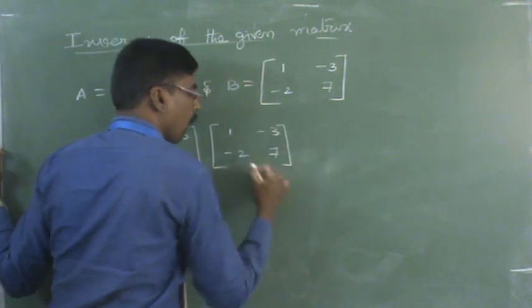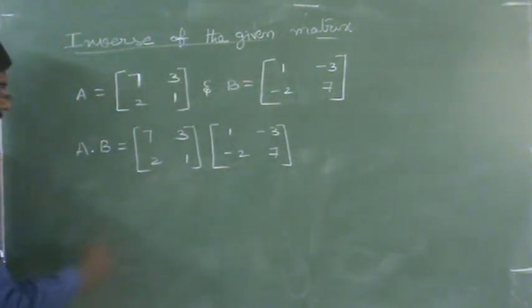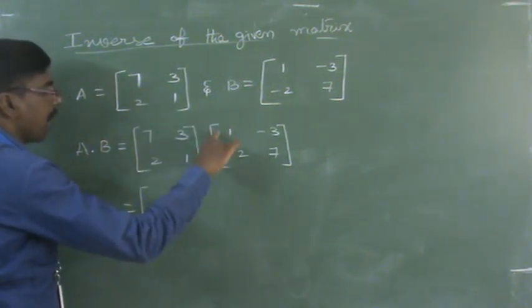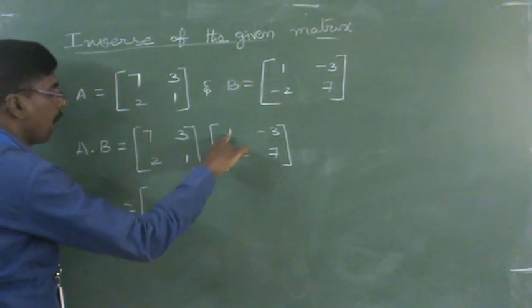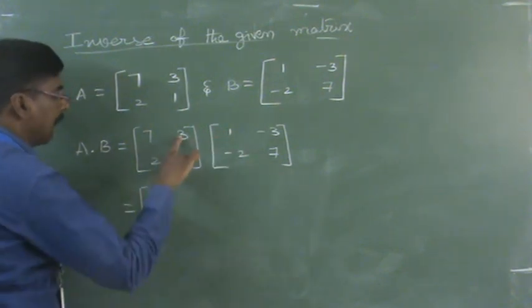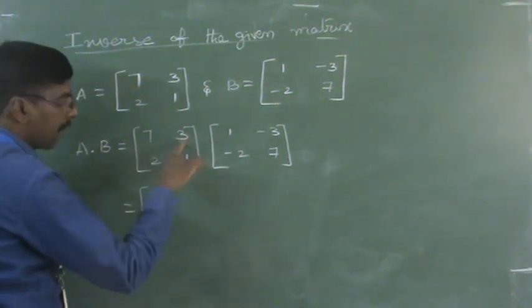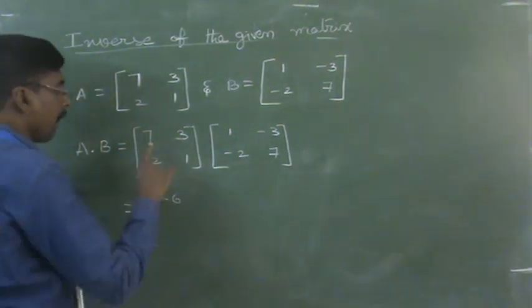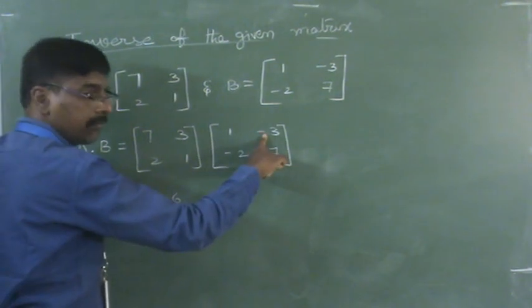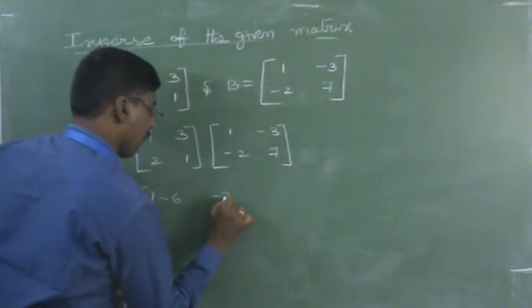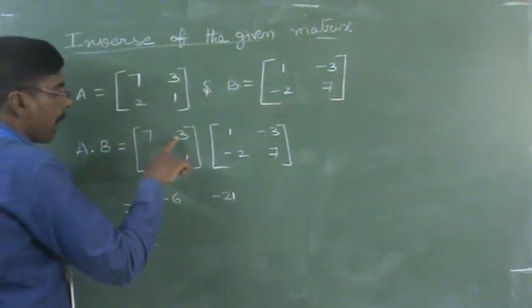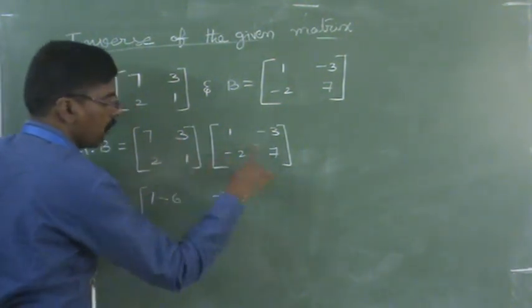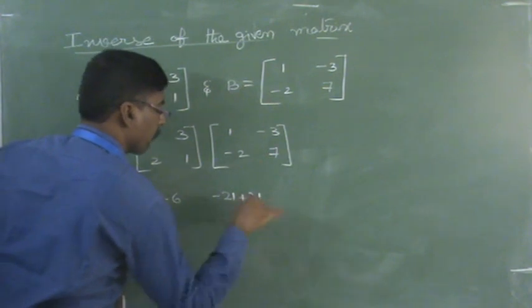We already know how to do the multiplication. The first row is multiplied with the first column: 7 into 1 is 7, 3 into minus 2 is minus 6. Similarly, 7 into minus 3 is minus 21, plus 3 into 7 is 21.